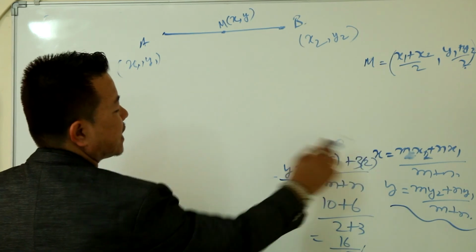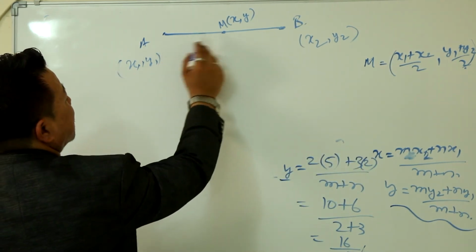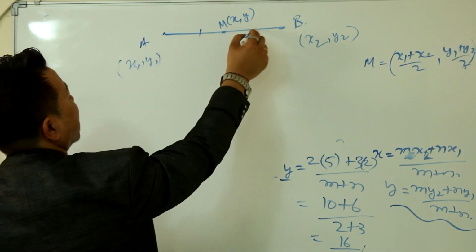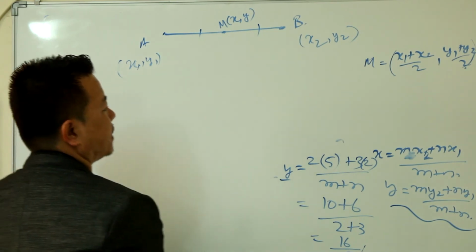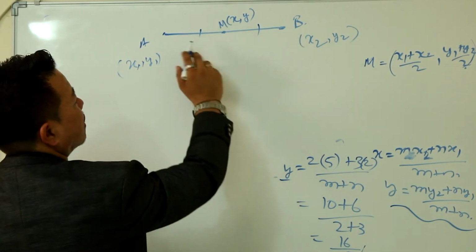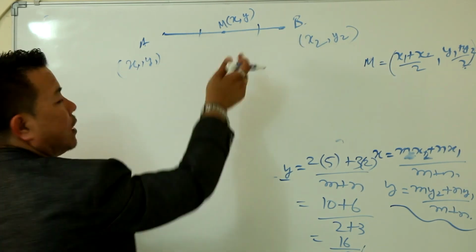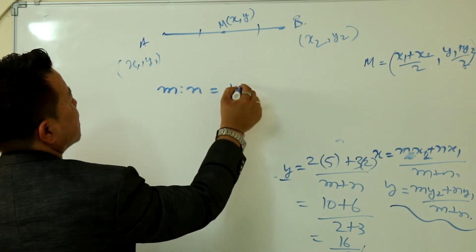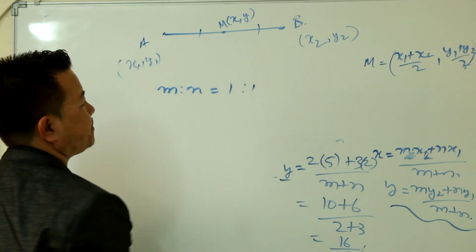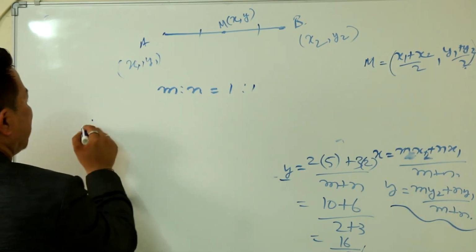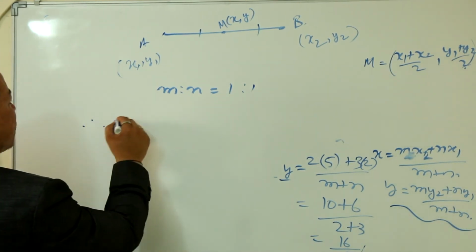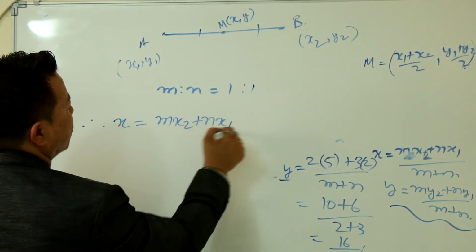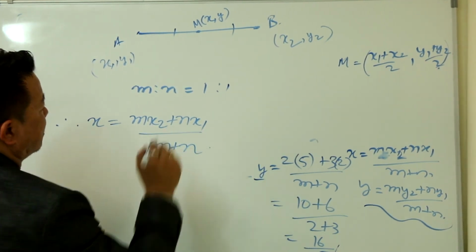Now as you know, what is the section formula? Since this point divides the segment into equal parts, this part and this part are always equal, meaning the ratio is equal, 1:1, or m:n is 1:1. The section formula was like this: x is equal to (m x2 plus n x1) divided by (m plus n).